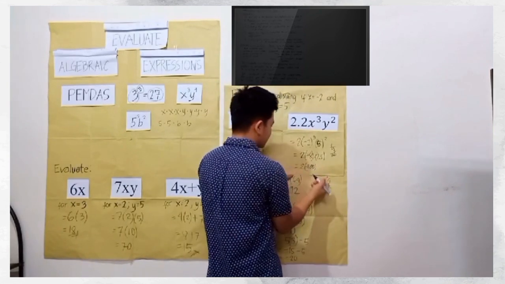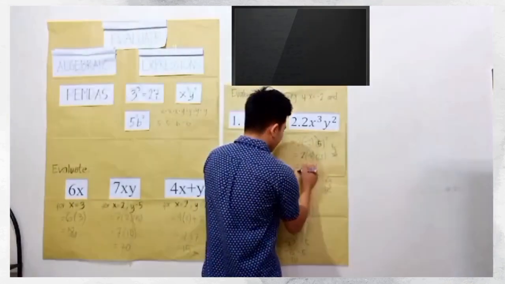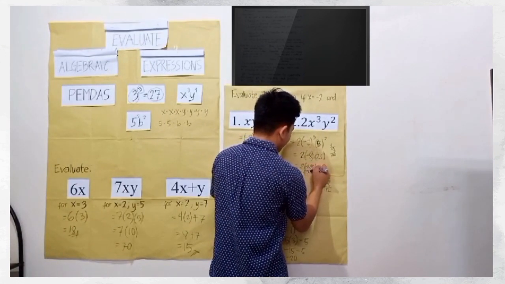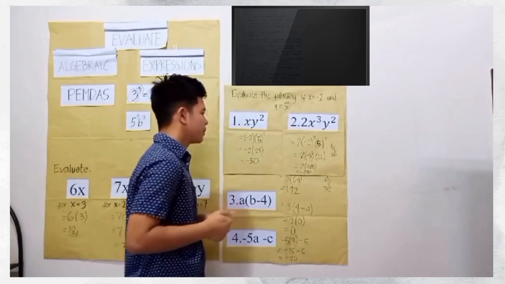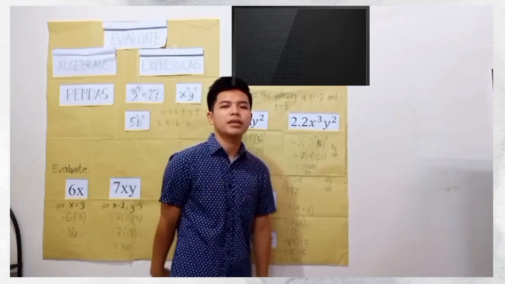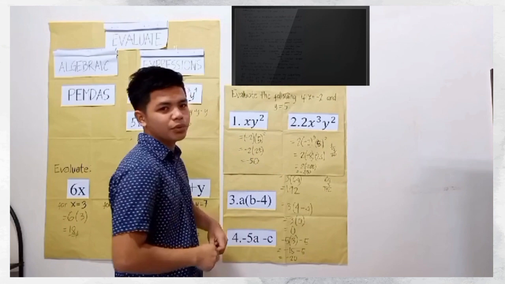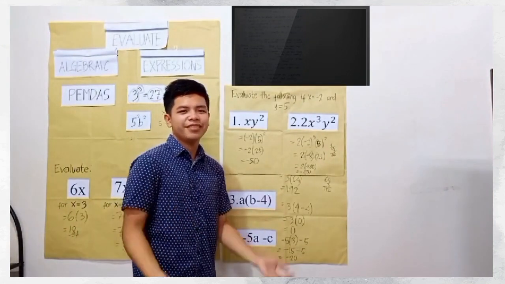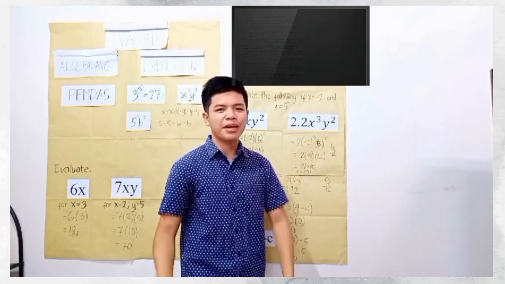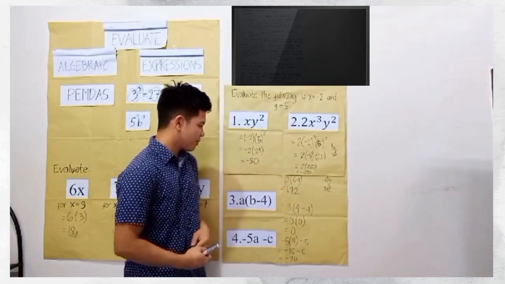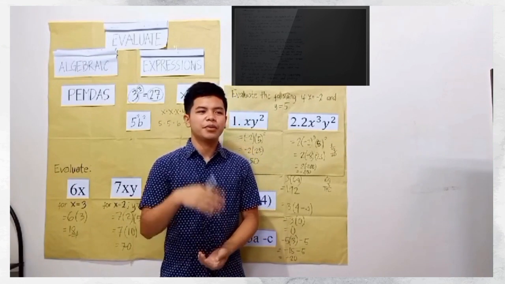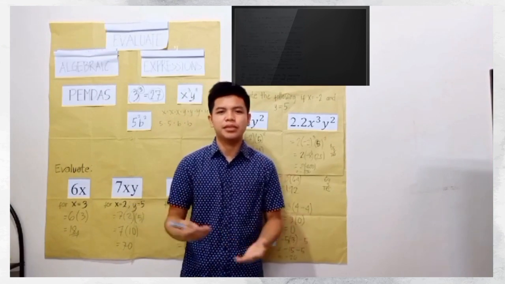And 2 times negative 200 is equal to negative 400. So, which group has the correct answer for number 2? Very good. All of you got the correct answer. Thank you so much for your cooperation. You may now go back to your seats.